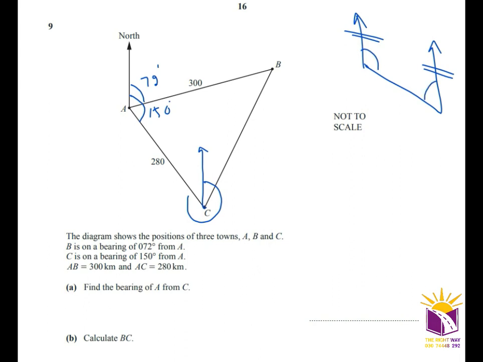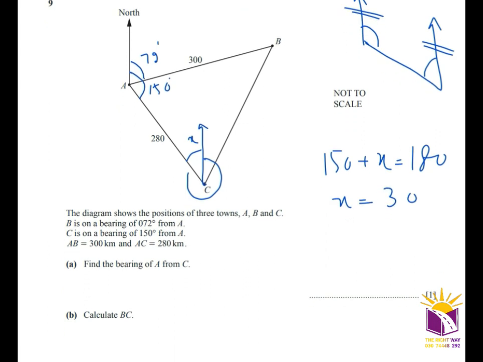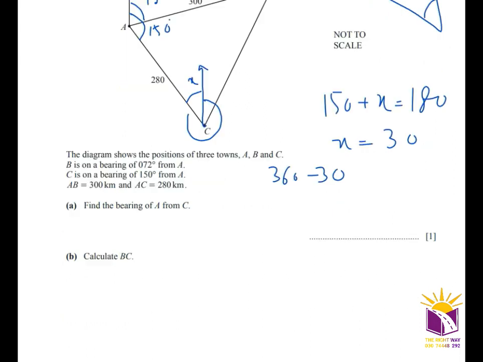So if these two north lines are parallel, 150 plus x will be equal to 180 and x will be equal to 30, that is 180 minus 150. But the bearing is in clockwise direction, not anti-clockwise direction. So it will be equal to 360 minus 30, because a complete circle is 360 and x is 30. So the bearing will be equal to 330 degree.